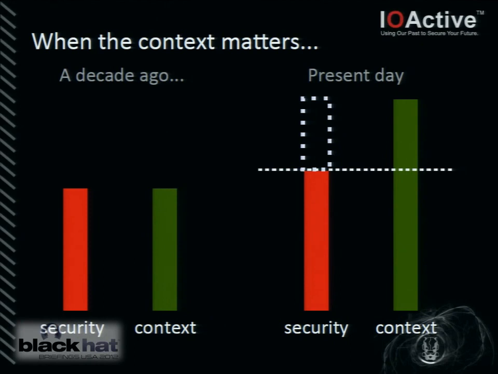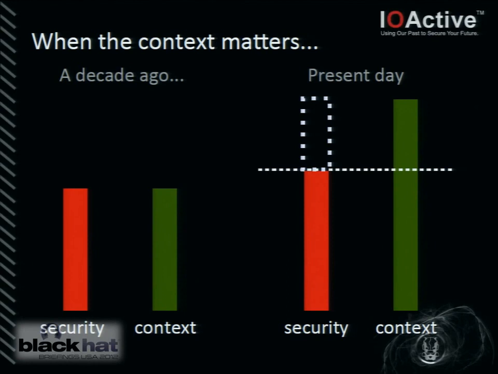So at the present day, the context has dramatically changed. Almost any modern PLC has a built-in web server, exposes some of its functionality through a web browser. You can access a PLC through a web browser. You can control a power plant or a water treatment plant with a mobile phone.